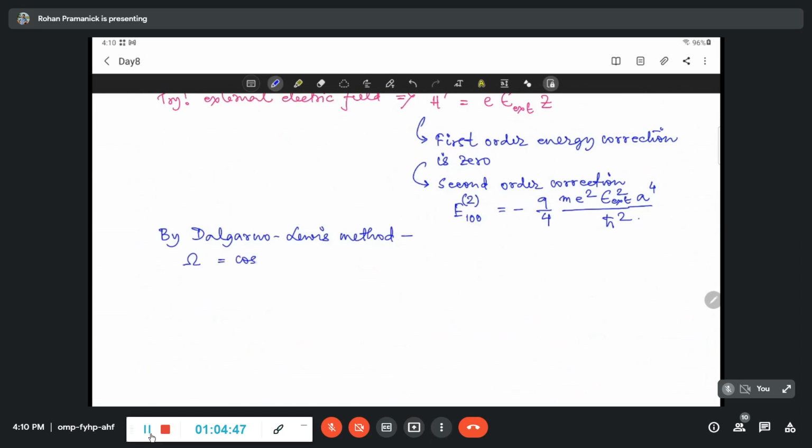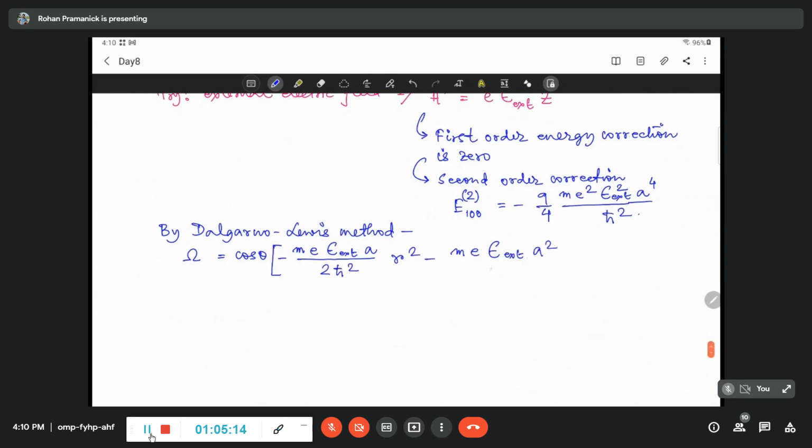cos theta times minus m E external a over h cut squared times r squared minus m E external squared over h cut squared times r.